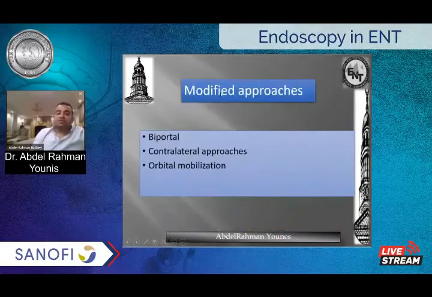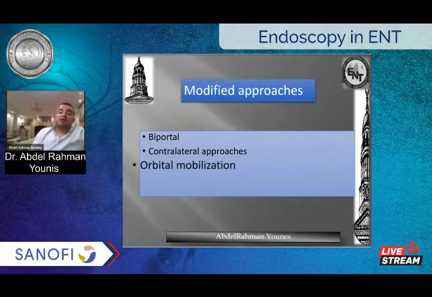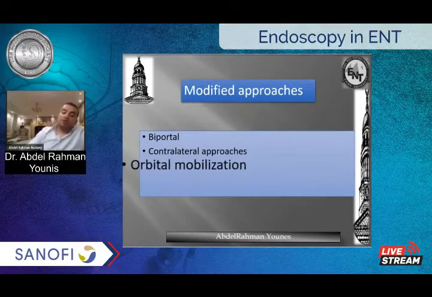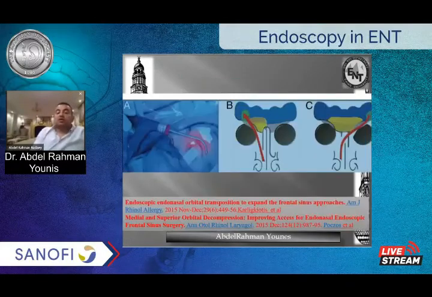The last modification is orbital mobilization. You first should identify and cauterize the anterior ethmoidal artery. You identify the anterior ethmoidal artery being one cell below the frontal sinus ostium. You should cauterize it, have an excellent cauterization.